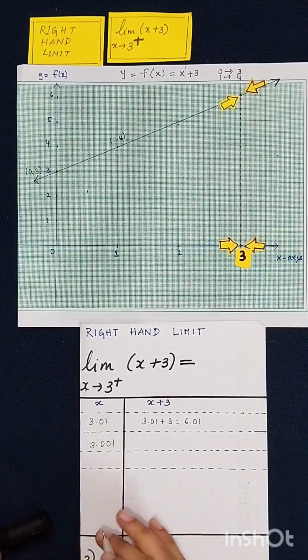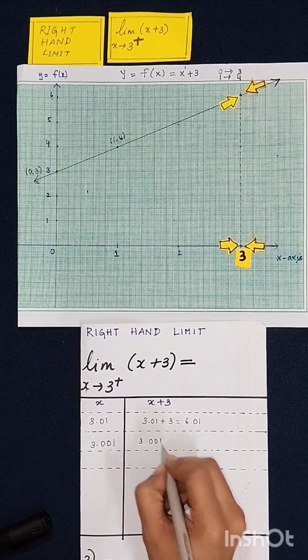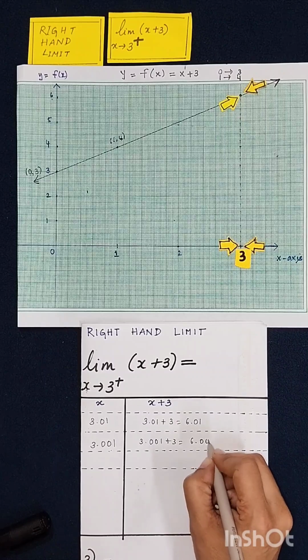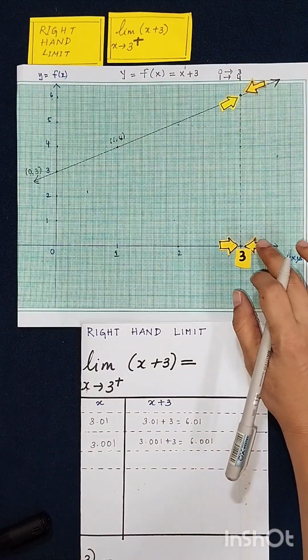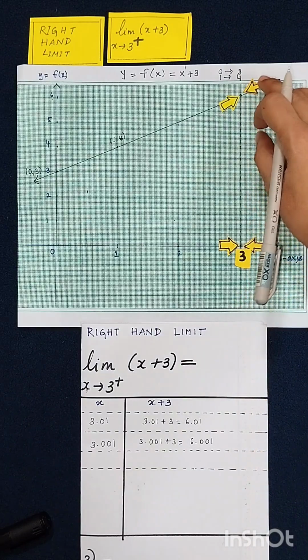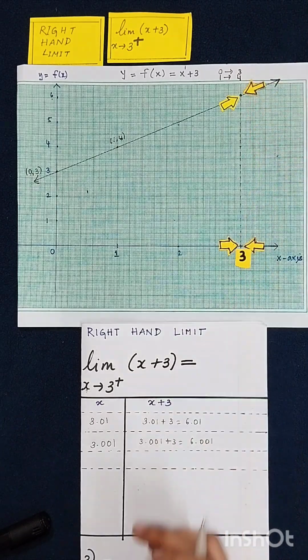This number is quite close to 3. So what will be the output value? 3.001 plus 3, which is 6.001. So if I give the value 3.001, the output approaches 6.001, even closer, right?